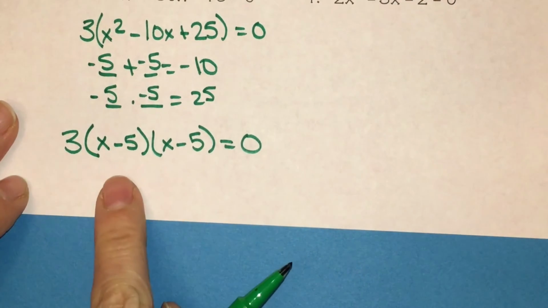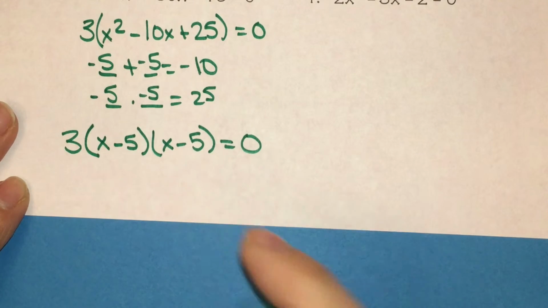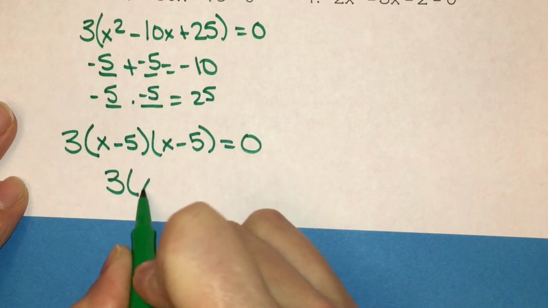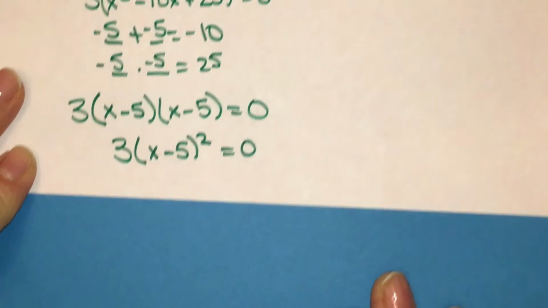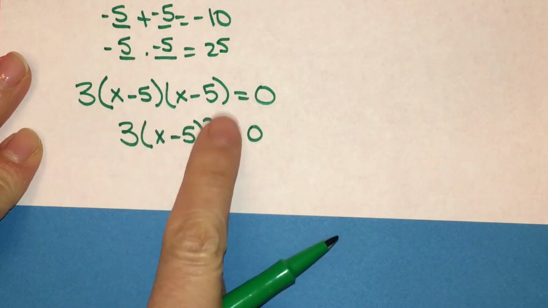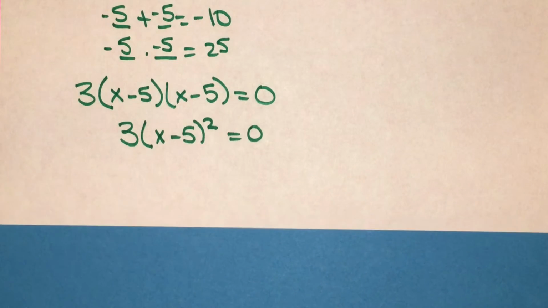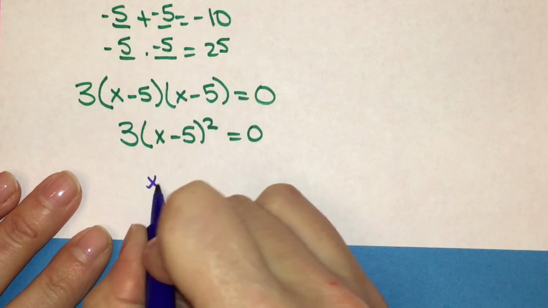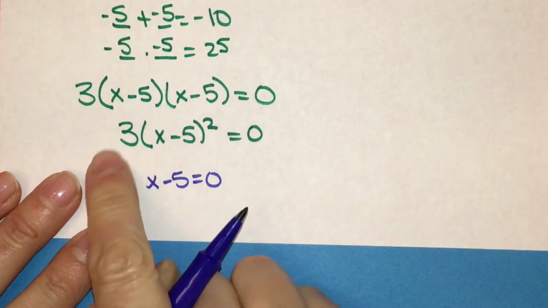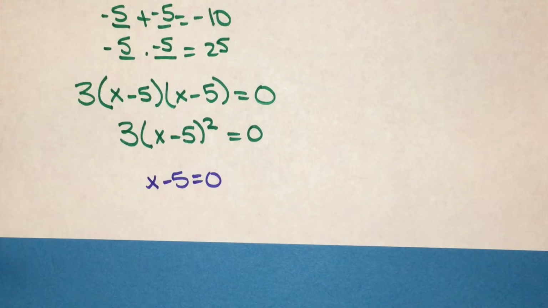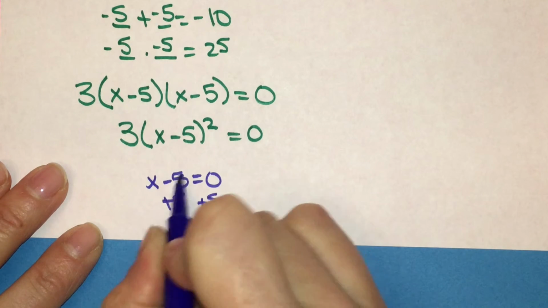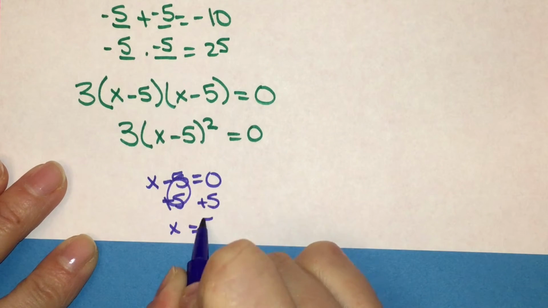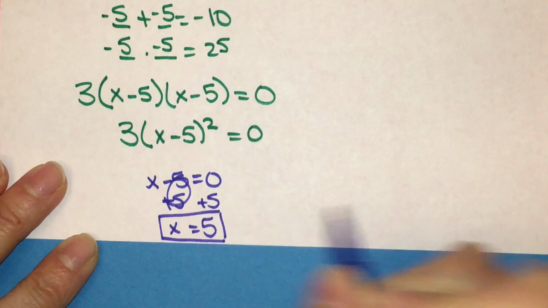It's x minus 5 times itself, so this is the same as 3 times x minus 5 squared equals 0. I don't really want to solve for both because I'm going to get the same answer anyways. I'm just going to set x minus 5 equal to 0. I don't set the 3 equal to 0 because that really doesn't mean anything; I don't have a variable x there. I'm going to add 5 to both sides, and x is equal to positive 5.